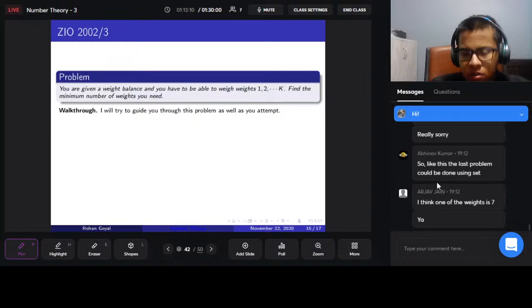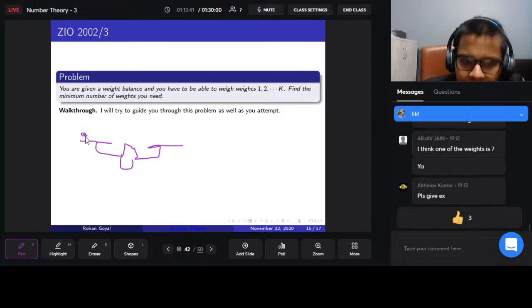Okay, yeah, thought so. You have a weight balance. So remember, a weight balance is like this. There is one pan here and something here which tells you which is heavier, and then there is one pan here. You have some set of weights.